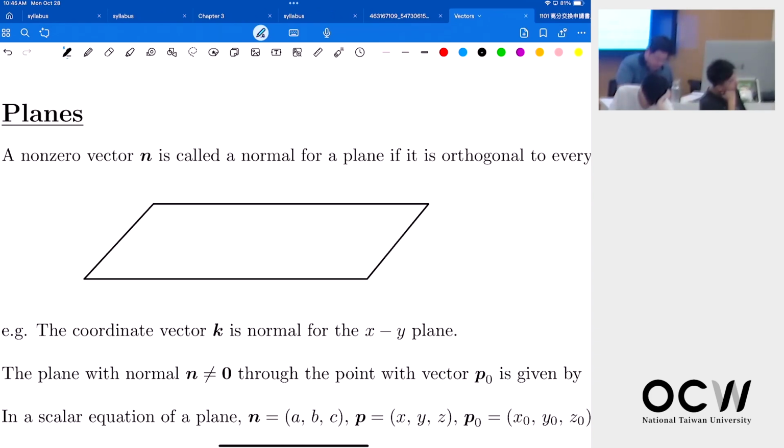So I may have vectors in the plane. This is P1, or here's P2. Those vectors are in the plane. And then I have a vector orthogonal to every vector in the plane. So this is 90 degrees, and we call this vector a normal vector.